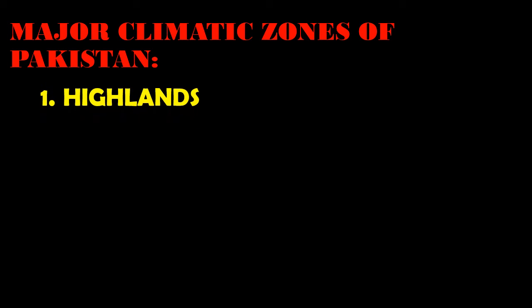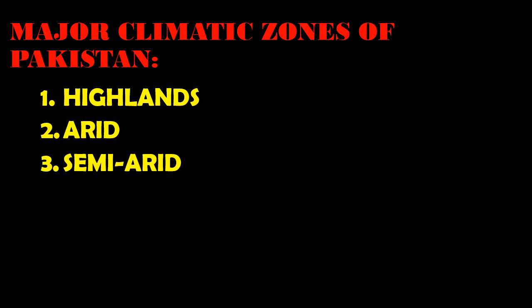Number 1, highlands. Number 2, arid. Number 3, semi-arid. Number 4, coastal. These are the 4 major climatic zones of Pakistan. Let's discuss them one by one.